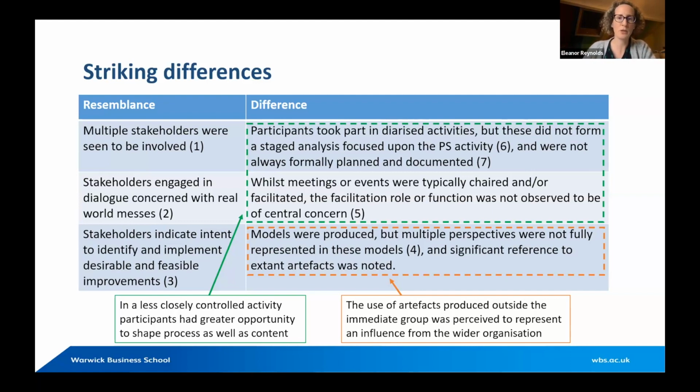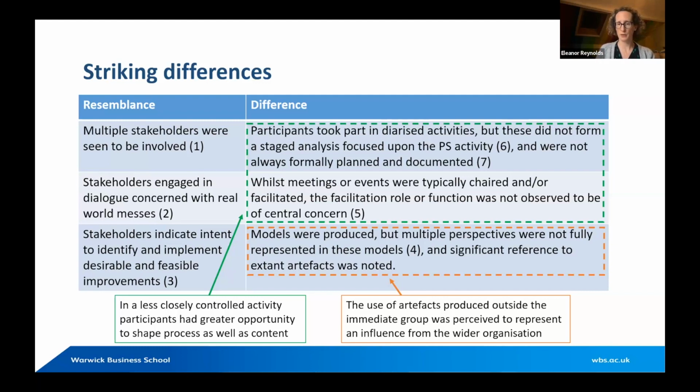But when it came to those 4 further elements that were typical to ORPSM use, there were definitely differences. I've got the green box highlighted there to say, in a less closely controlled activity, the participants had greater opportunity to shape process as well as content.